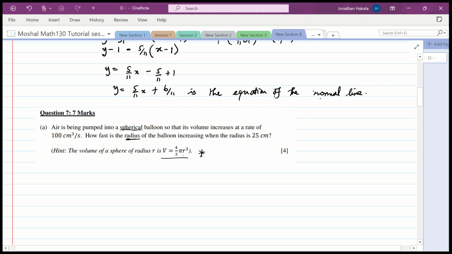So first of all, let's derive an equation of the rate of change of the volume with time. So from v equal to 4/3 pi r cubed, let's do the implicit differentiation with respect to time. So we have dV/dt equal to 4/3 pi is a constant.